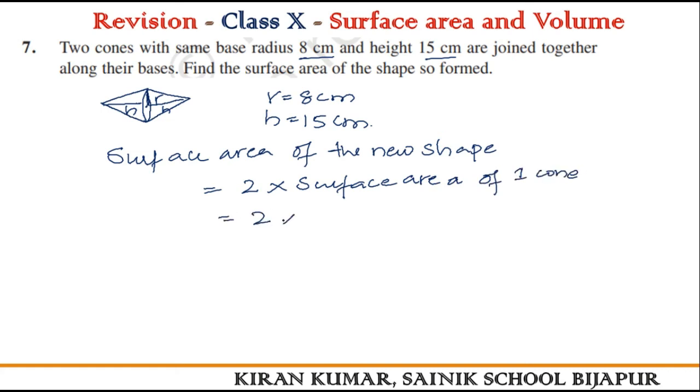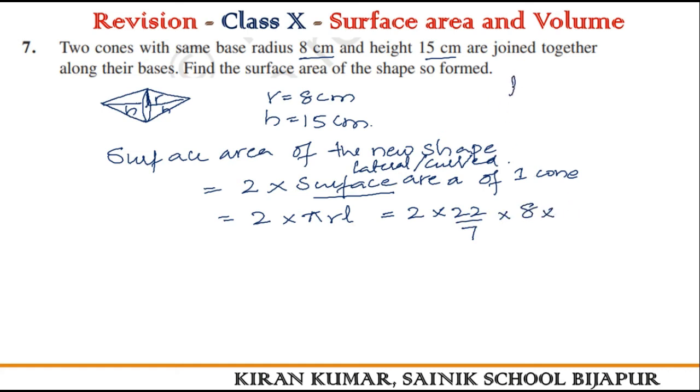So 2 times the surface area of the cone is only the curved surface area. So here I can mention this as a lateral surface area or curved surface area. So it is 2 times pi r l. So 2 multiplied to pi is 22 by 7 into radius is 8 into slant height, which is not known.